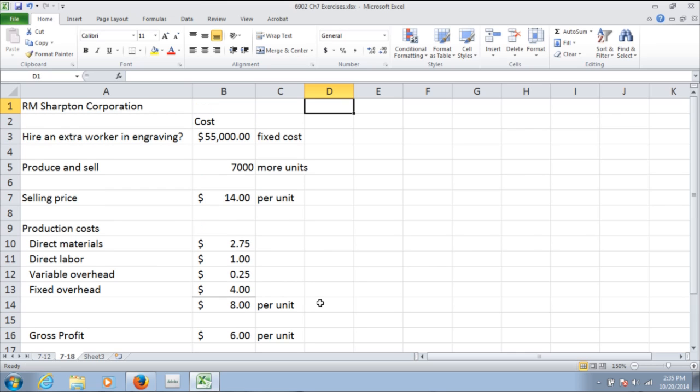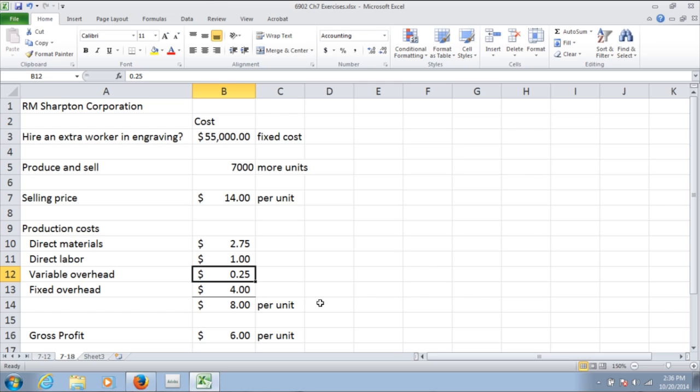Now the question we have to think about is, if we produce the 7,000 units, will we incur these costs? Are they actually incremental costs? Well, in the case of direct materials, if we produce 7,000 more units, we will go through $2.75 per unit for each of these. Direct labor, $1 as well.